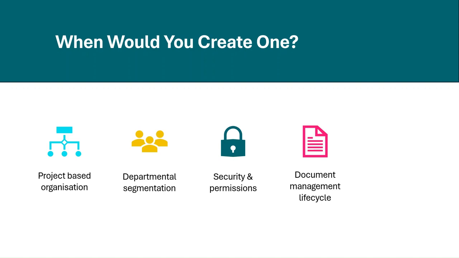For document management lifecycle, libraries can be set up to manage the lifecycle of documents from creation to archiving, ensuring compliance and proper records management. And for collaboration needs, teams collaborating frequently on documents can use a dedicated library to facilitate version control, editing, and sharing of documents.